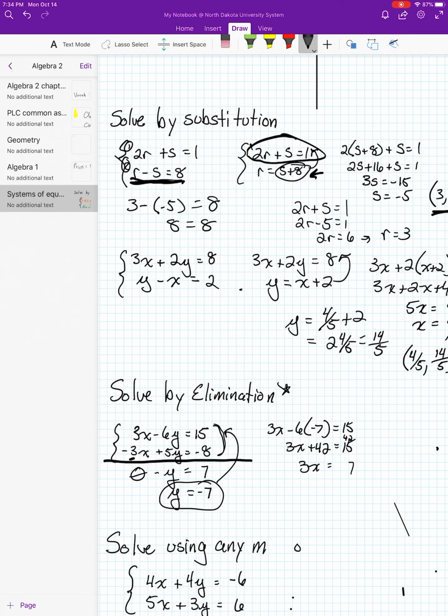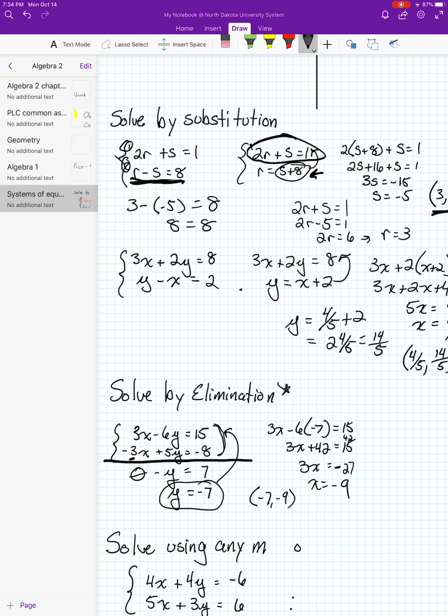What is this going to give me? 27. X equals 9. So my coordinate pair, if I've done my math right, is -7, -9.